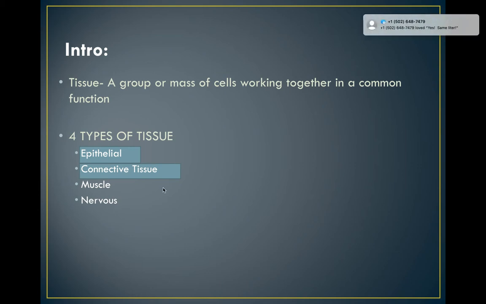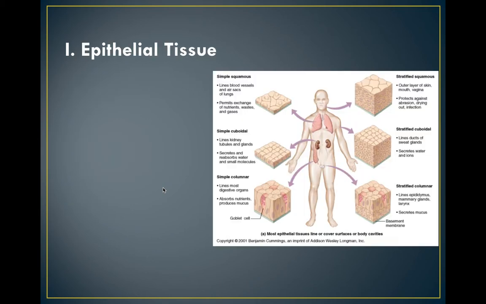I'll be real honest, sometimes histology gets really boring, so I don't love a histology unit, but I like to take the content from it and break it out into the systems where it is appropriate. So it is appropriate to talk about epithelial and connective tissues here within the integumentary system. We'll come back to muscles and nerves when we get to those systems.